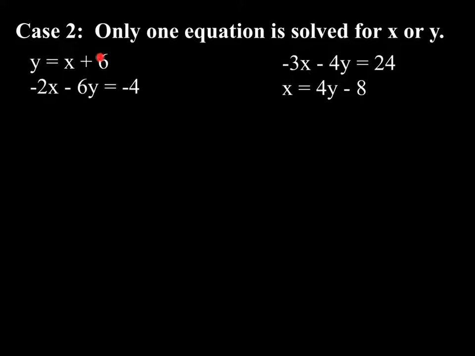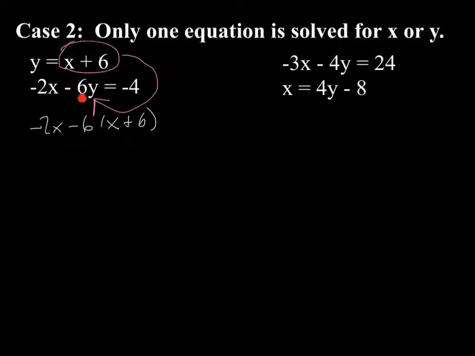Okay, now on this first example, you see we have one equation solved for y, the other one is not. So we're going to start off by substituting this value of y in for y in this equation. So now this becomes negative 2x minus 6 times x plus 6. So instead of being negative 6 times y, it's now negative 6 times the quantity x plus 6.